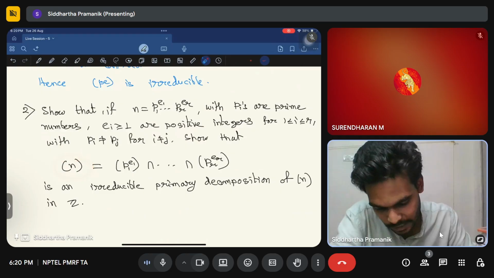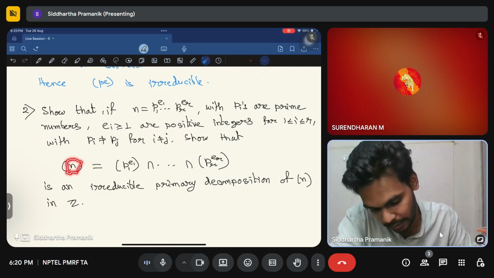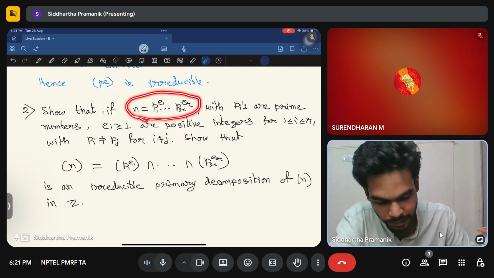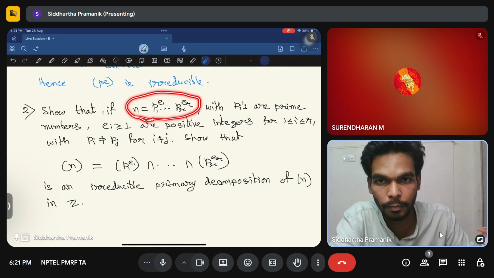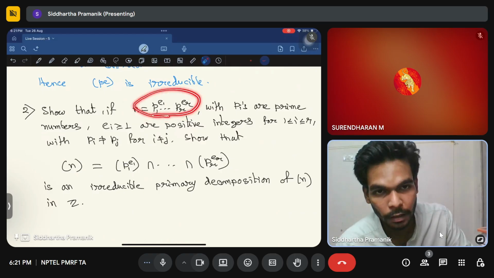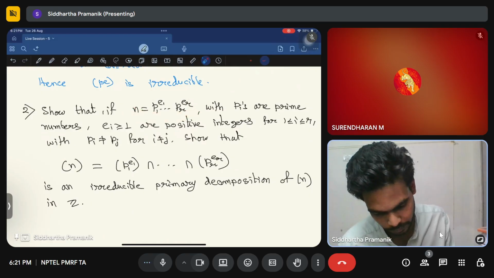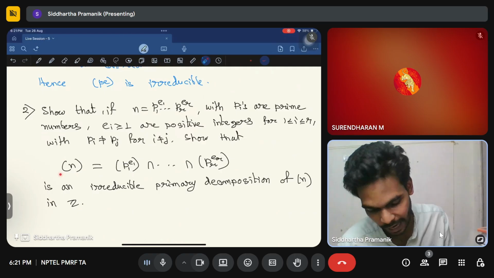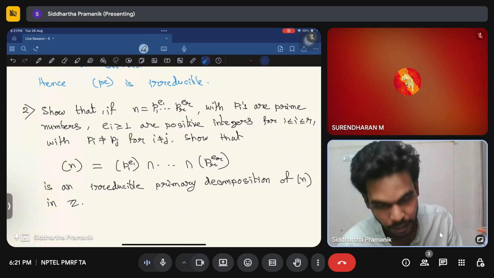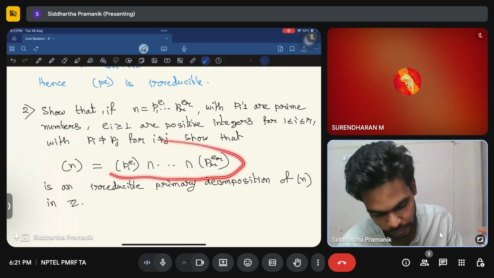So it is generated by some integer. So let's take that integer n, and let's take its prime factorization as p1^e1 dot dot pr^er. Now using this prime factorization, we will prove that if we take the ideal generated by n, then its minimal primary decomposition looks like this.